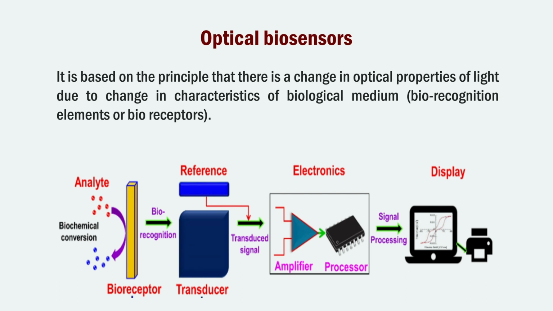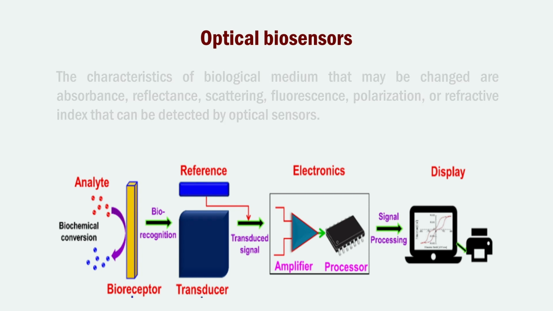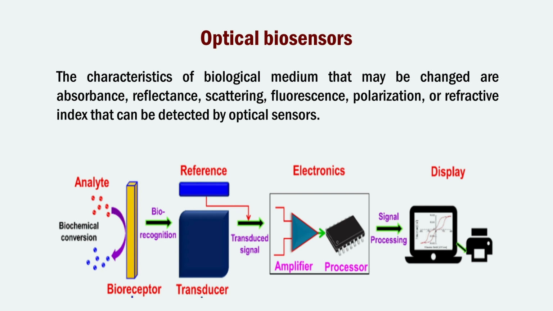It is based on the principle that there is a change in the optical property of light due to a change in the characteristic of the biological medium, that is, biorecognition elements or bioreceptors. The characteristics that may change are absorbance, reflectance, scattering, fluorescence, polarization or refractive index, which can be detected by optical sensors.